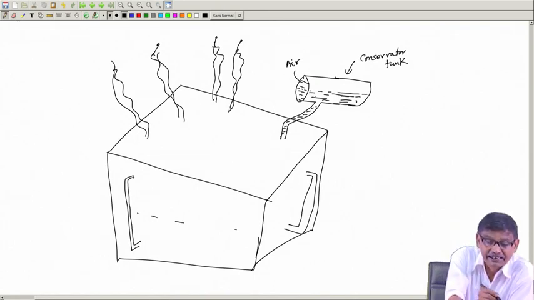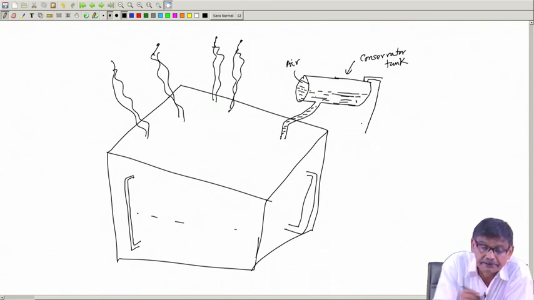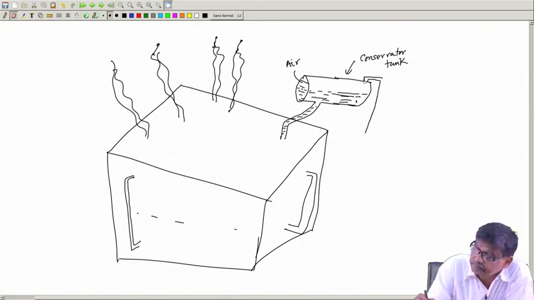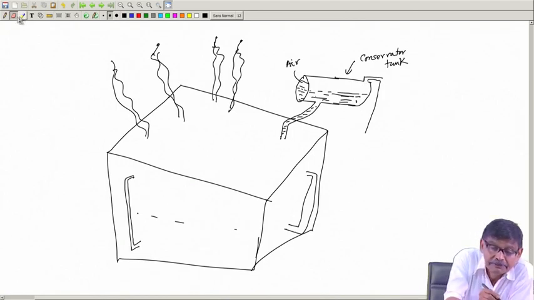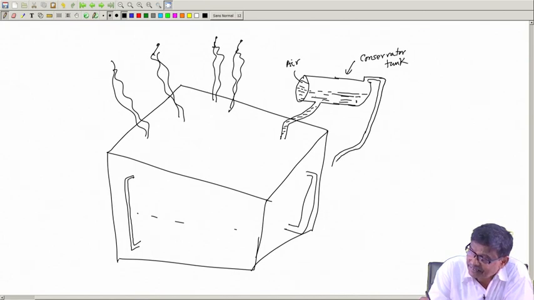So, what is done? Another interesting fitting is connected here from the top, you take out another piping here. Okay. These are very interesting things, and this pipe is also filled with air.